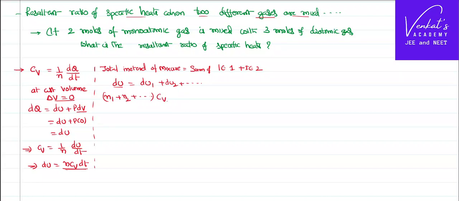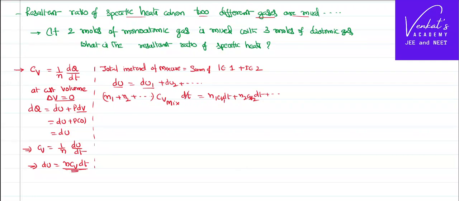Then Cv of that mixture, I am calling it mix, delta T, all of them are raised to the same temperature. du1 means n1 Cv1 dt, du2 means n2 Cv2 dt, and so on, because this is Cv only.